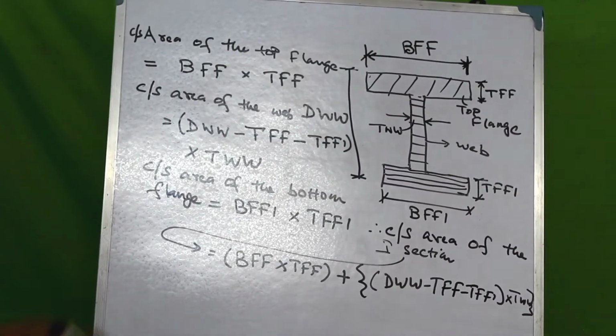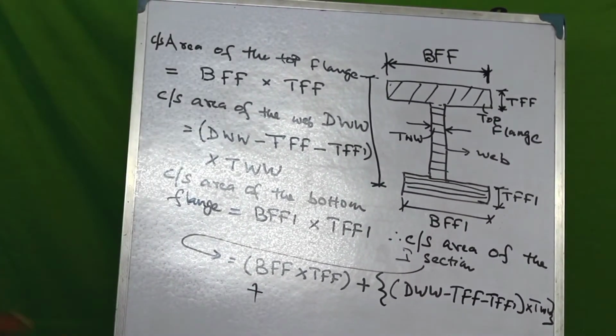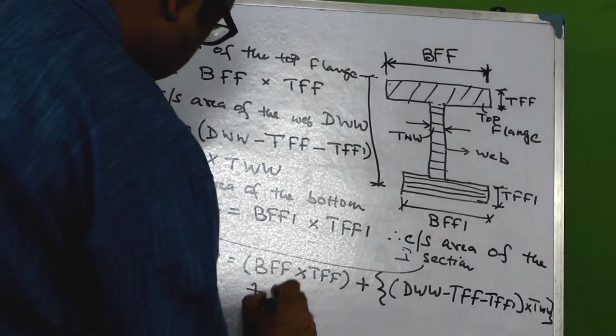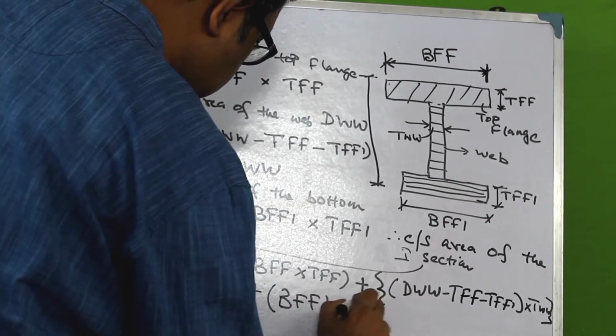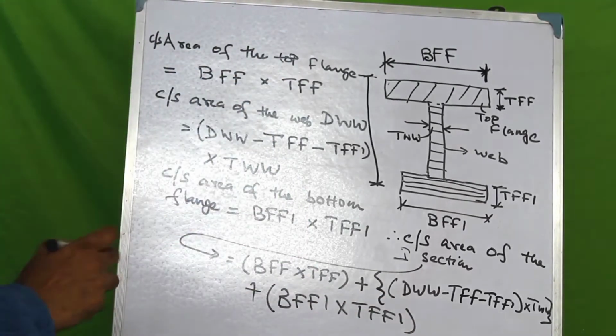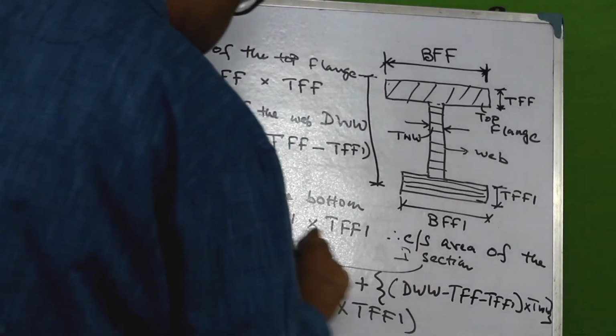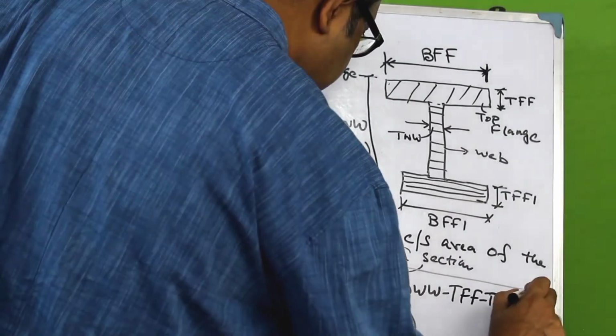And finally, the cross-sectional area of the bottom flange, which is so this expression here gives you the cross-sectional area of the I section.